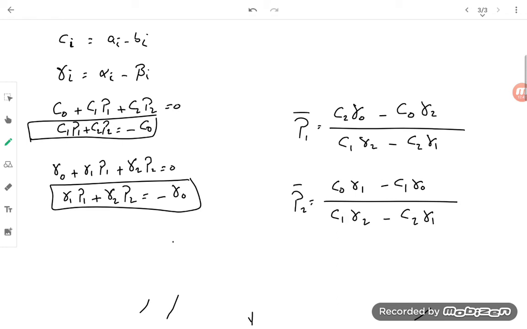Example. If you are given the following data, that QD1 equals 10 minus 2P1 plus P2, and the QS1 equals negative 2 minus 3P1.